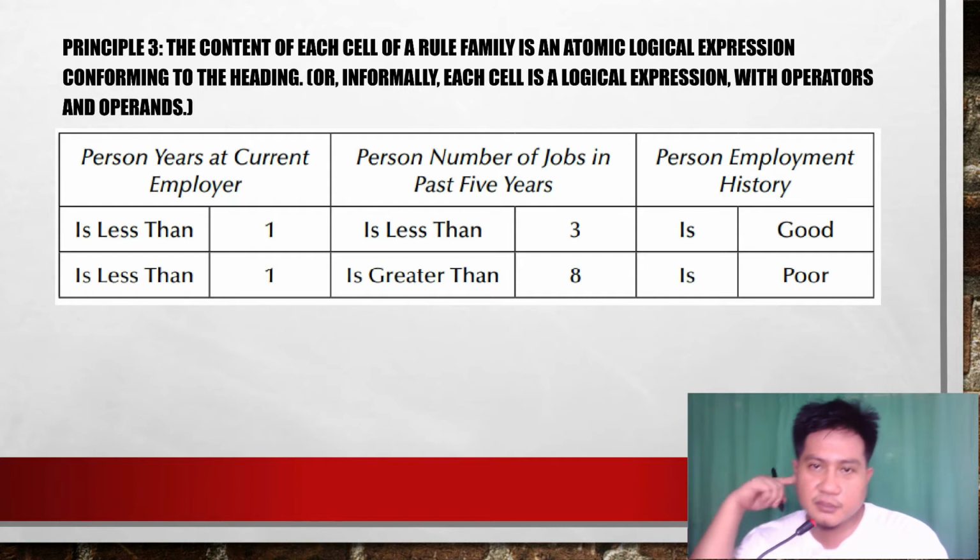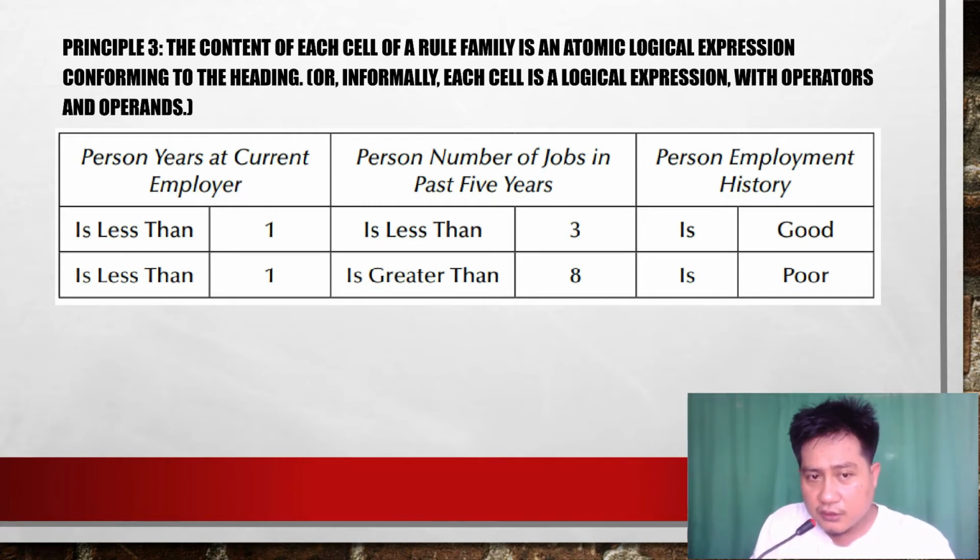And then principle number 3, the content of each cell of a rule family is an atomic logical expression conforming to the heading, or informally each cell is a logical expression with operators and operands.